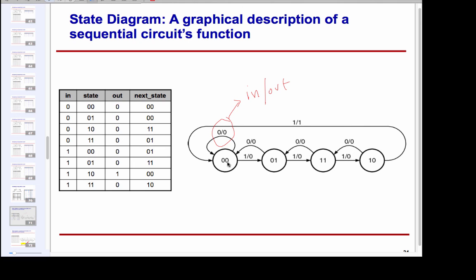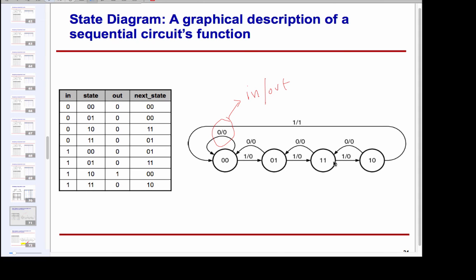So the basic idea continues. Let's look at if I was in state 1,1. If I'm in state 1,1 and input is 0, so I consult out here. If input is 0, I'm in state 1,1, next state should be 0,1. So you see from 1,1, I have an arrow going to 0,1 when the input is 0. And from 1,1, if input is 1, next state is 1,0.